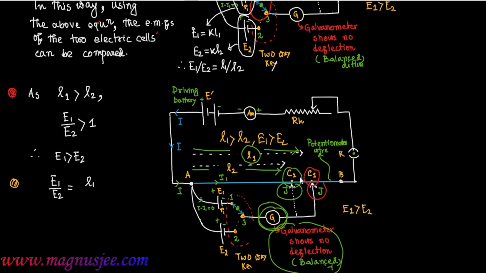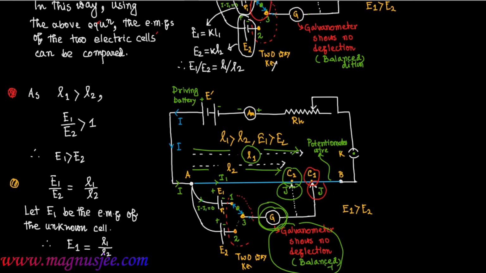We can consider another additional piece of information, that is E1 by E2 equal to L1 by L2. Let E1 be the EMF of the unknown electric cell.